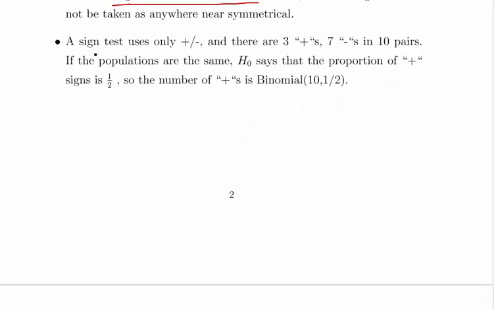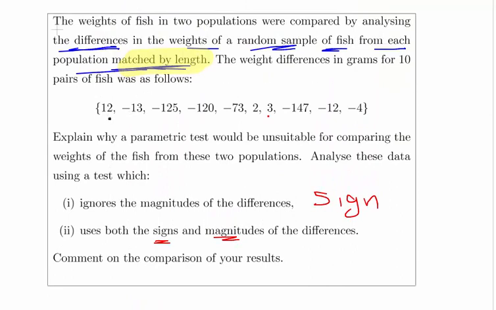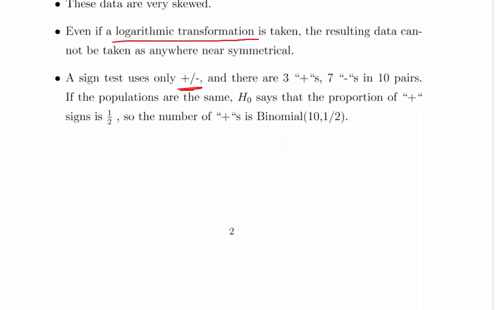Now, a sign test is based only on whether a number is positive or negative, and how many of them are positive and how many are negative. So in this case, we have only 3 positive differences and the rest are negative: 3 positive and 7 negative.